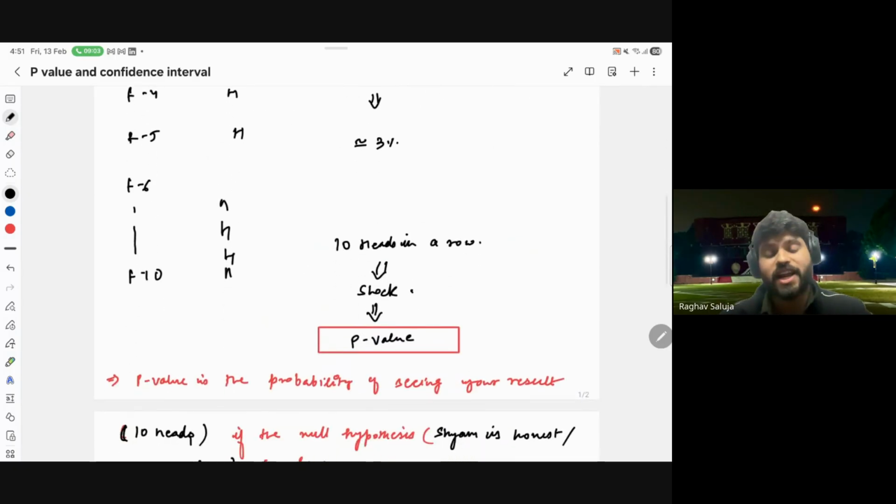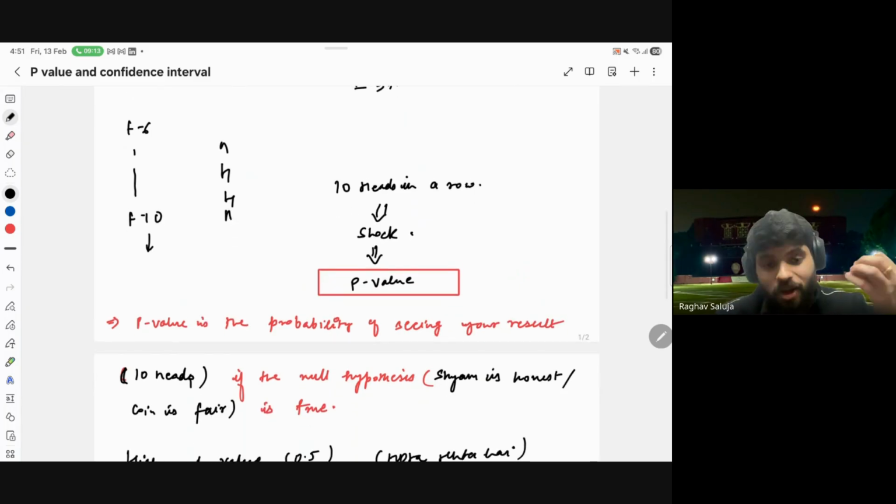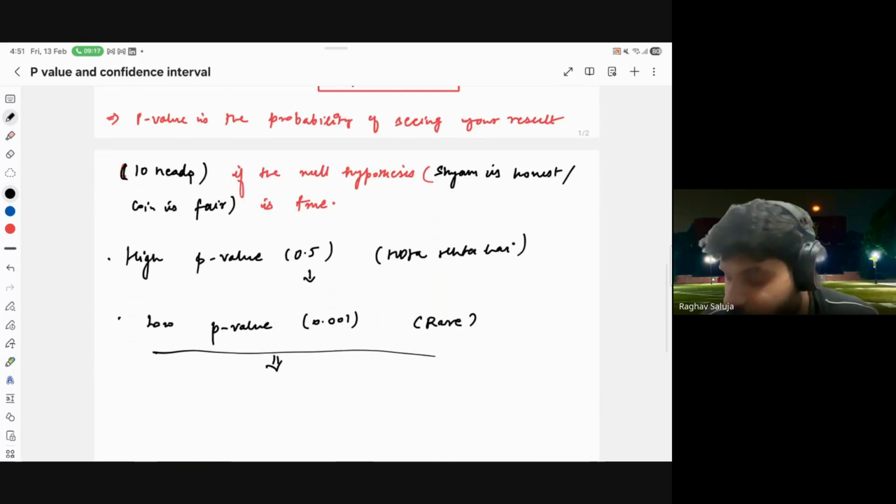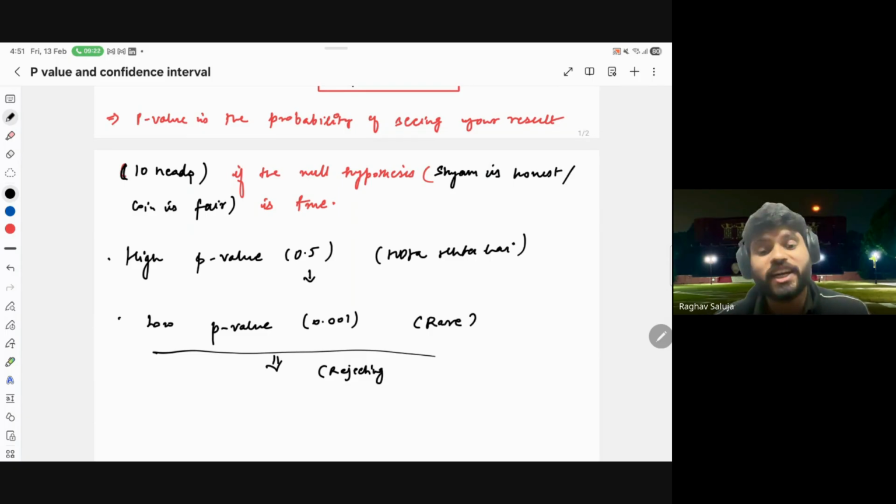And the probability of getting 10 heads in a row is so less. When the probability of occurrence of an event is so less, you're rejecting the null hypothesis. You're rejecting the fact that nothing is happening, because now you're like, something must be happening. This is the concept of p-value.